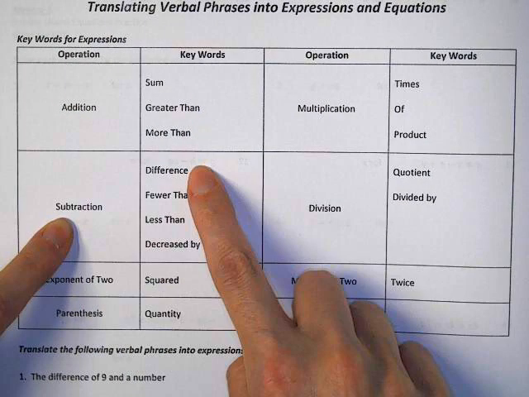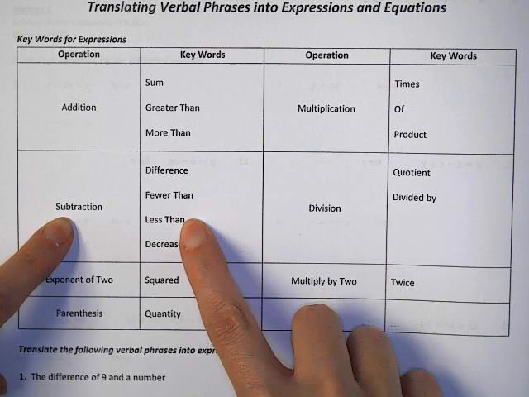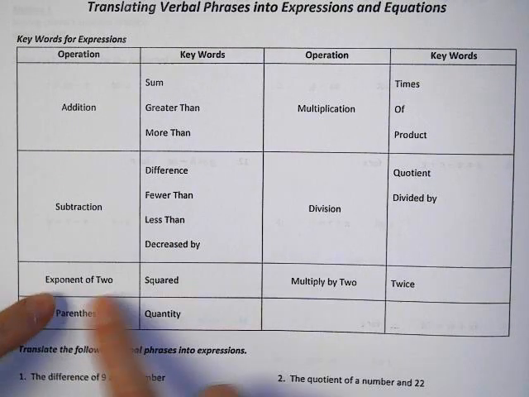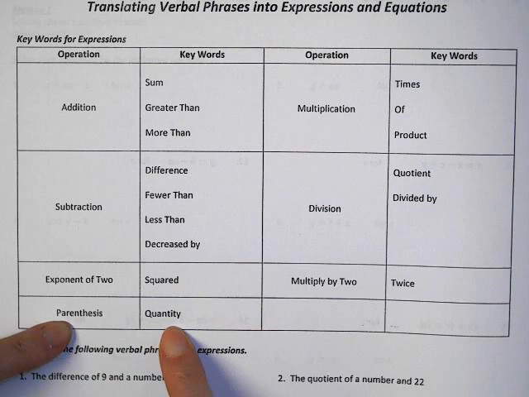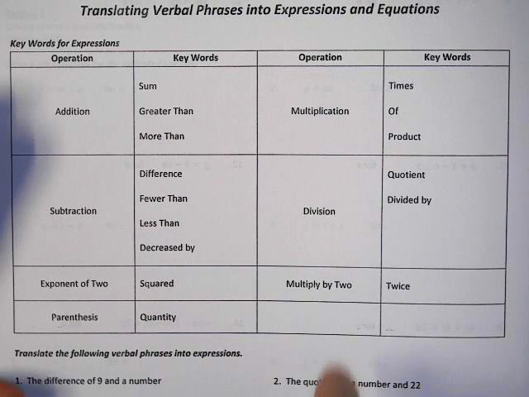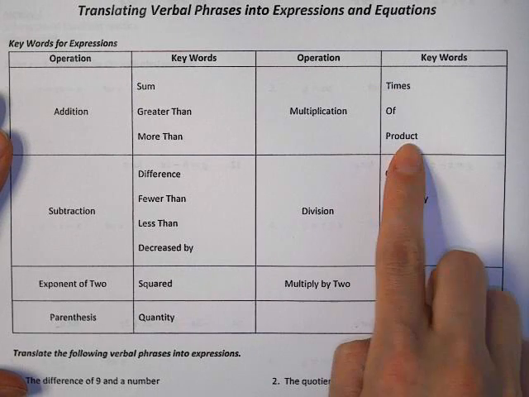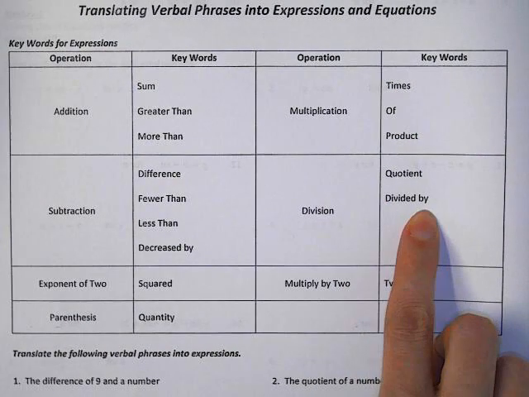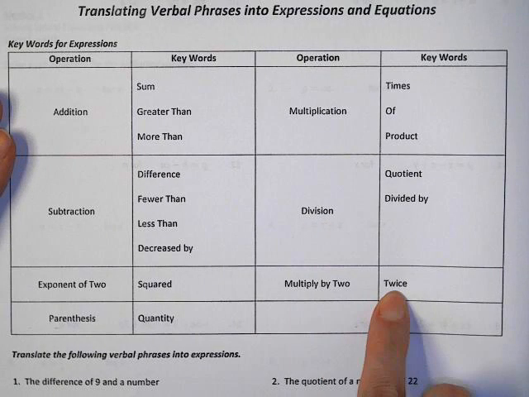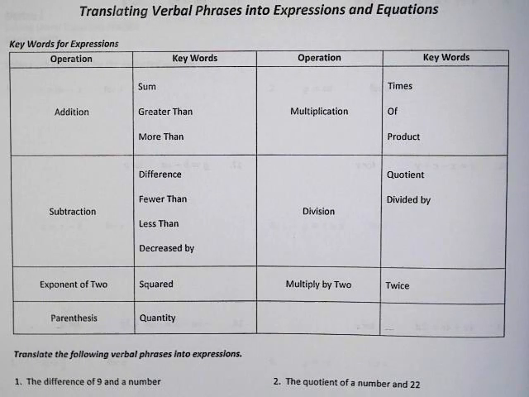Subtraction would be difference, fewer, less, decreased by. Exponent of 2 is squared. Parentheses would be if it said quantity. Times, of, and product mean multiply. Quotient and divided by mean division. And then if you ever see the word twice, it means to multiply by 2.